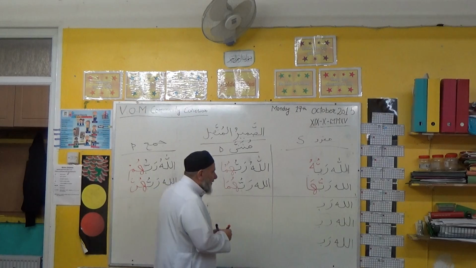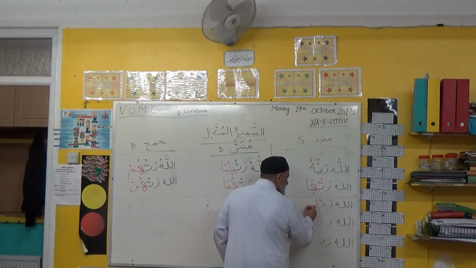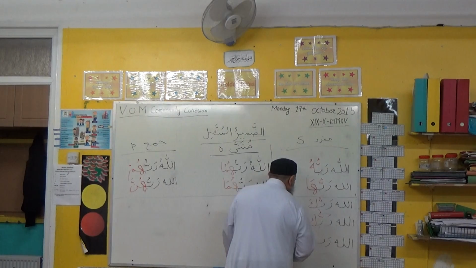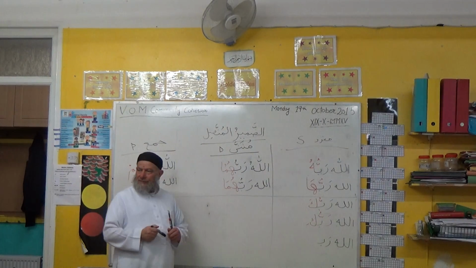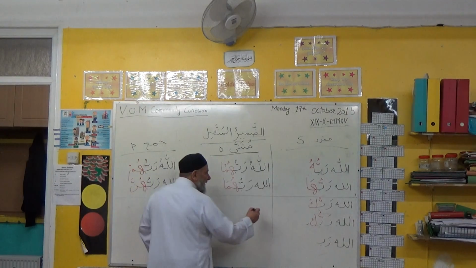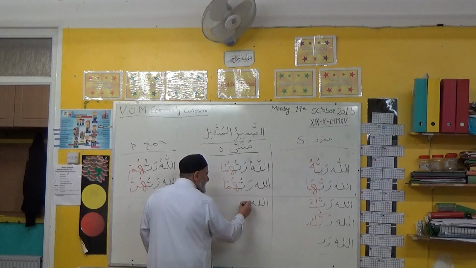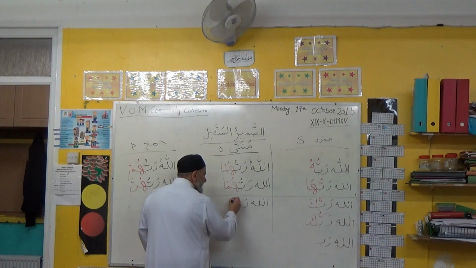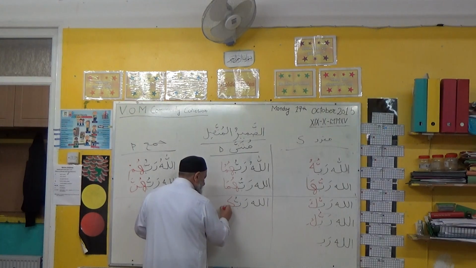So we start with Allahu Rabbuka and Allahu Rabbuki. Then the muthanna, now we put the Ma: Rabbukuma.